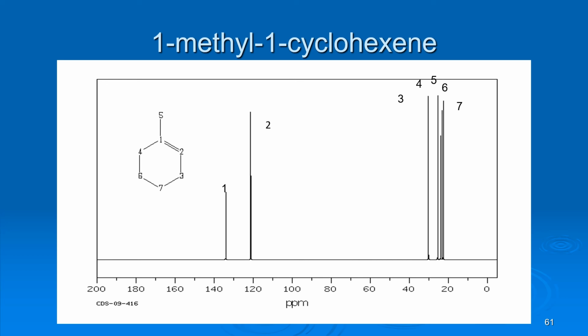And then the rest are really close to each other, and so it'd be really hard to tell which one's which. So number 5, actually, this one over here at the end might be number 5. Come on around here to the end. And then 4, 6, 7, and 3 are all going to be really close to each other. So it might be really hard to tell, but you can at least pick out the ones that are most important.